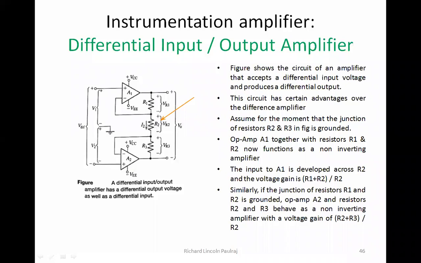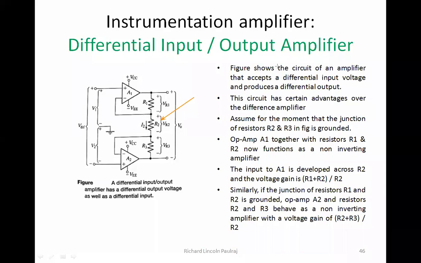R2 has a major role here, which means I can make it a variable resistance. When I make it a variable resistance, I can change the output response. If I want a higher potential, or if the gains are not working out fine, then maybe I can reduce the resistance. All this is possible with a separate resistance here, but I would not wish to do that with R1 and R3. I will try to do that with R2 alone.